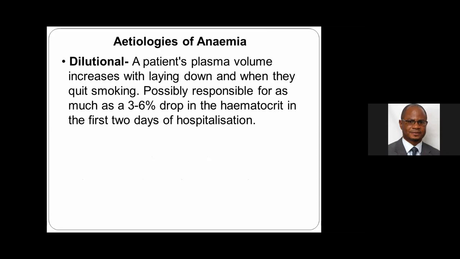When a patient, for example, is hospitalized, you may end up seeing dilutional anemia. It's because they are accumulating a lot of fluid and their blood volume is more diluted. So plasma level increases and it will affect the red cell. But this will correct as soon as they become active.